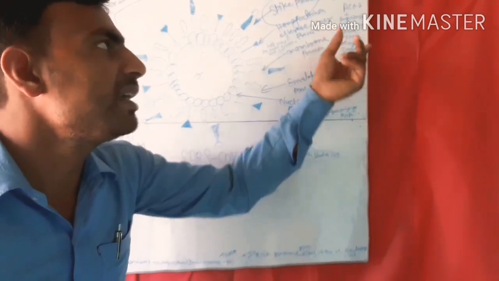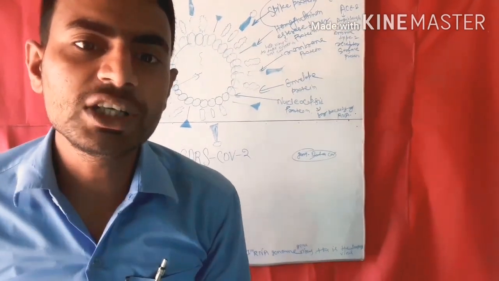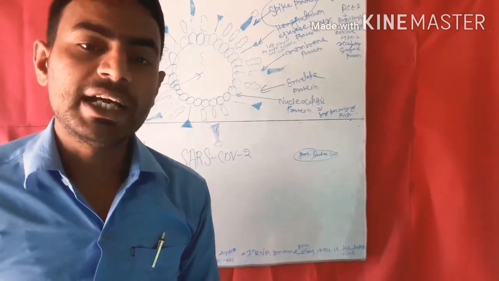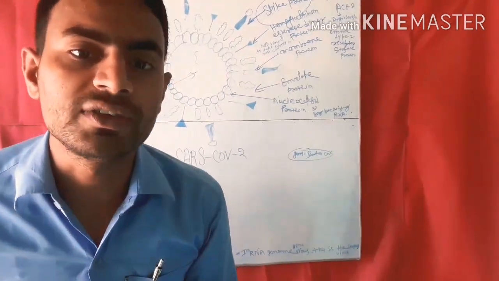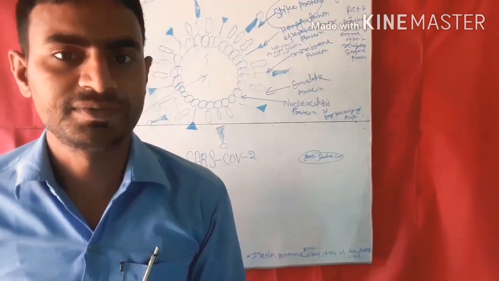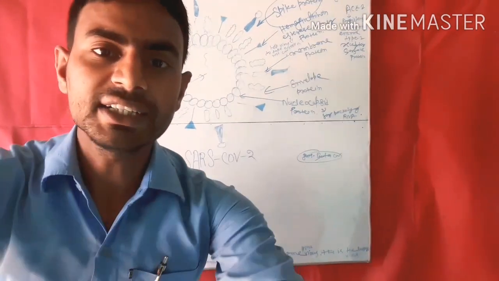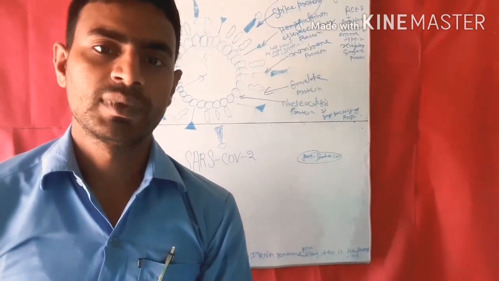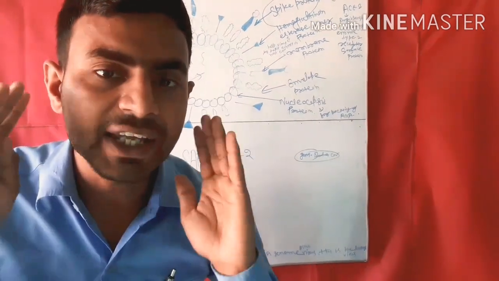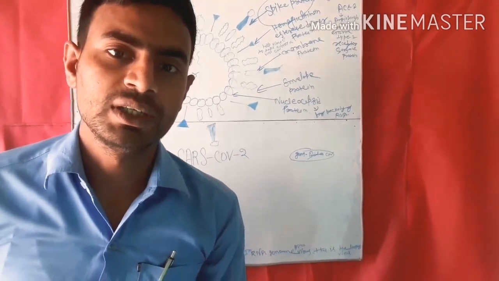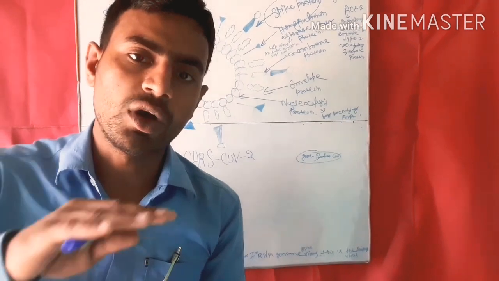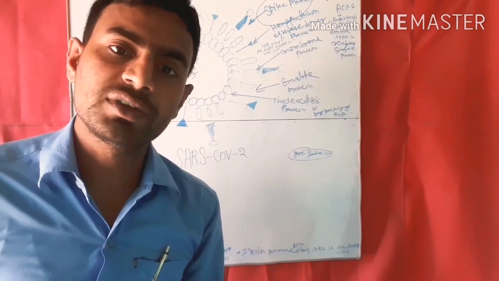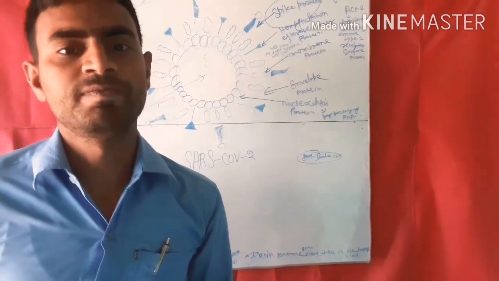And this ACE, angiotensin converting enzyme type 2, in humans is present in the respiratory system, in the lungs, in the excretory system, the kidney, also in neurons of the central nervous system, on the neuron surface, and also in the male reproductive system, the testes.